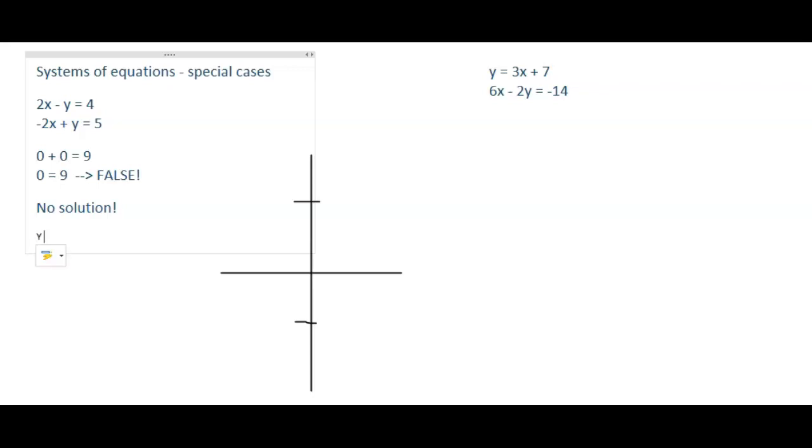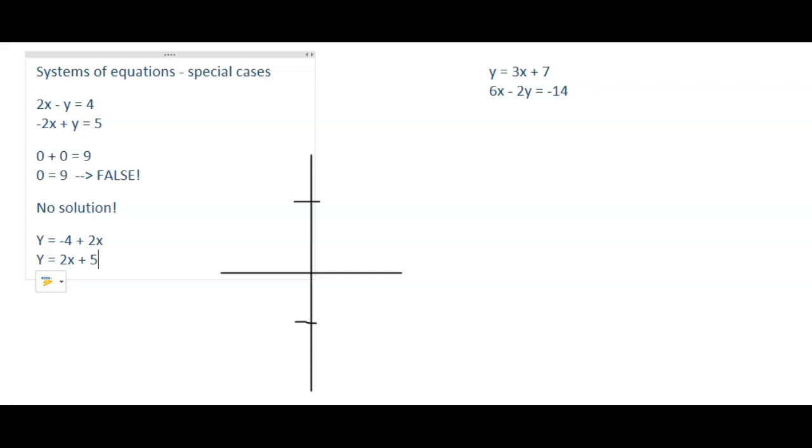So I have y equals negative 4 plus 2x. My second equation, if I do the same, that's a little faster to do. I have y equals 2x plus 5.